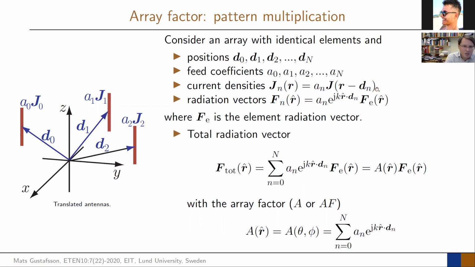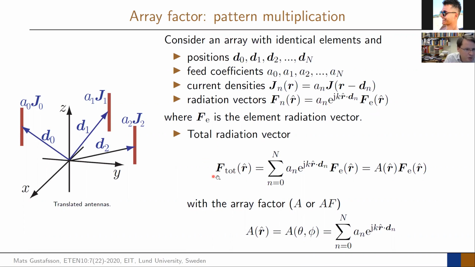And then what we precisely did is to determine the radiation vectors from all of these current densities, and we saw that they could depend on some element pattern, like some original current density, times this amplitude shift An, and the phase due to its position. If I have that for each of these elements, I can just use that the radiation vector is linear in this, so I have superposition.